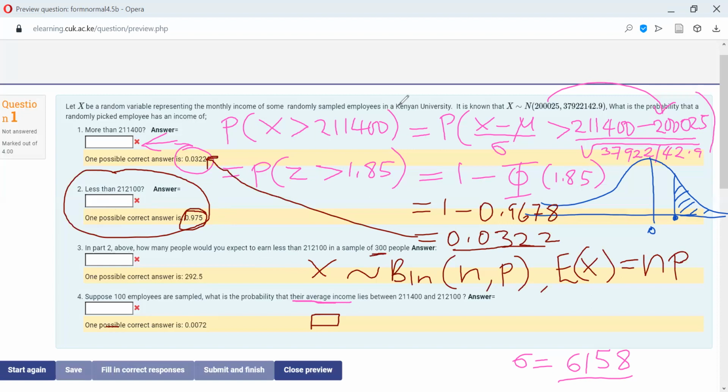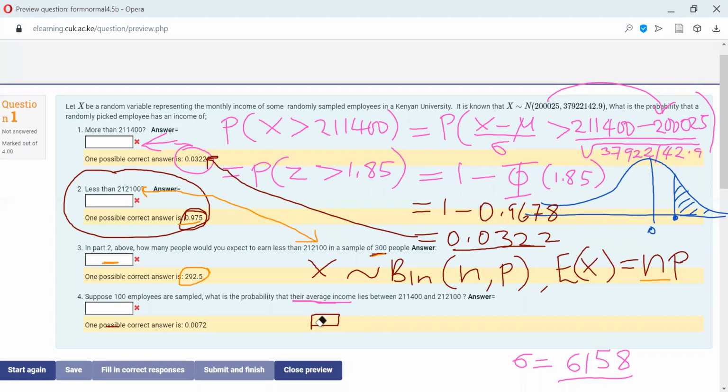This value here is the same as this one here. So we are talking about the same thing, only that in number 3, we are looking for the number. So 300 multiplied by this gives you the area here, which is what we should enter here: np, binomial distribution.